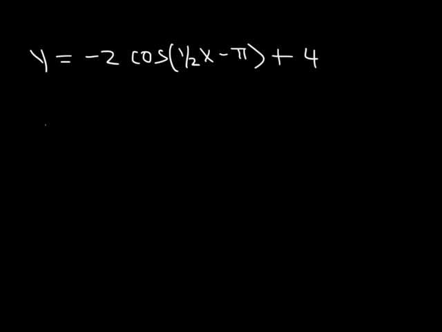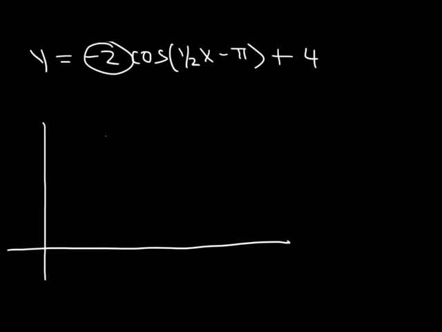Here's another example that you could try. Let's say we have negative 2 cosine 1/2 x minus pi plus 4. So go ahead and pause the video and graph this particular function. So we have an amplitude of 2 and the vertical shift is 4.